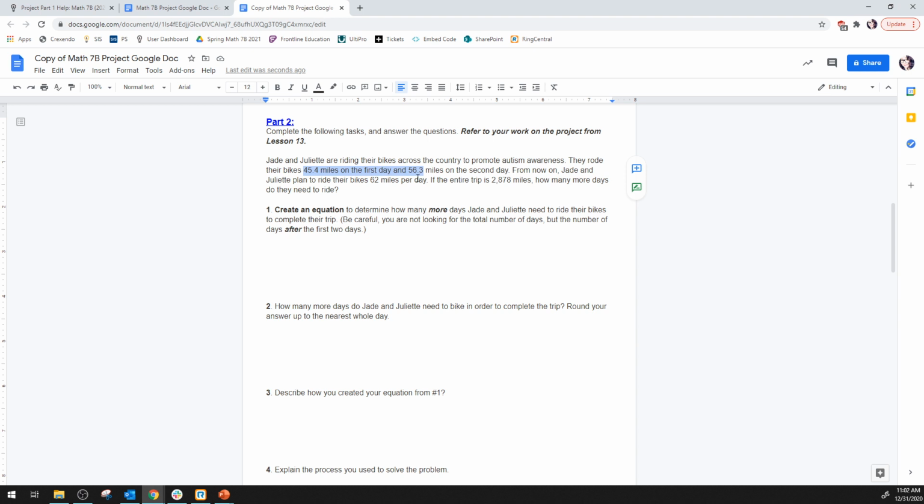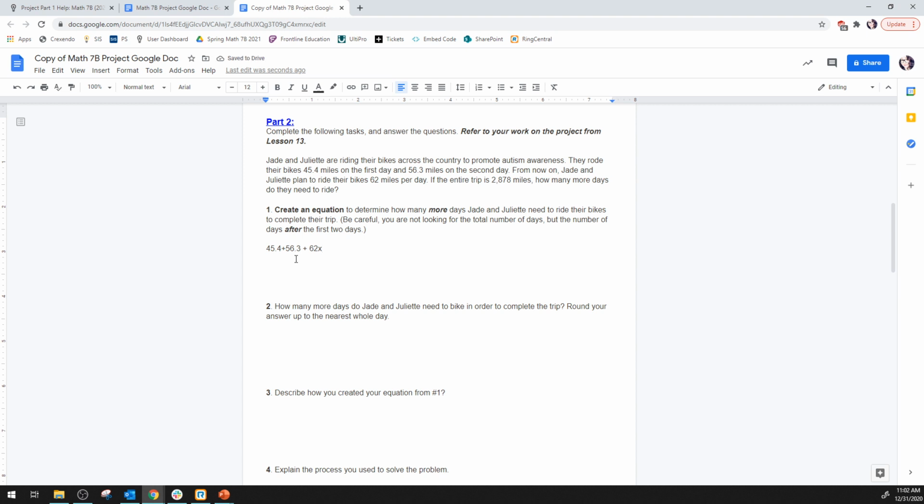Okay, so if I were to combine those 2 days, I could add them together. So our equation would start off with us adding those 2 numbers together because this is essentially their starting point. Then from that day moving forward, they're going to ride 62 miles per day. So if they are riding 62 miles per day, I have my 62 and my x.